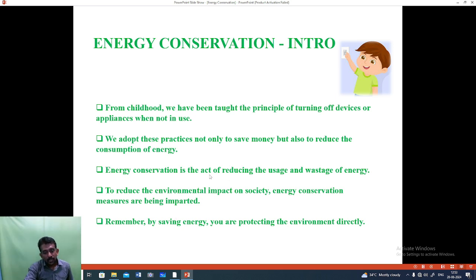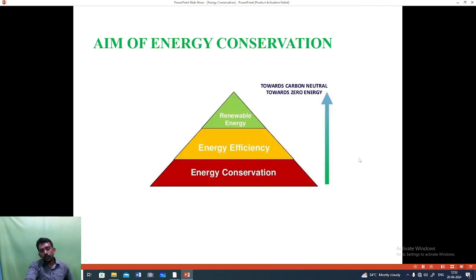If you consume less energy, the environmental entropy or disruption is reduced, as per the researchers. And if the energy consumption is reduced, there is fuel saving, thereby leading to environmental protection.